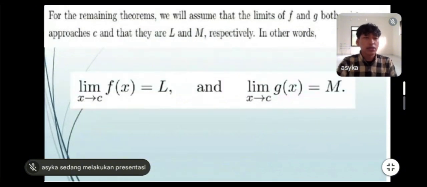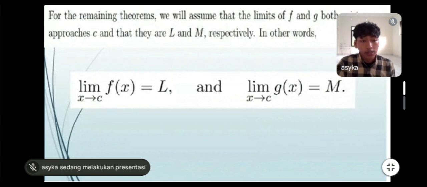For the remaining theorems, we will assume that the limits of f and g both exist as x approaches c, and that they are L and M respectively.